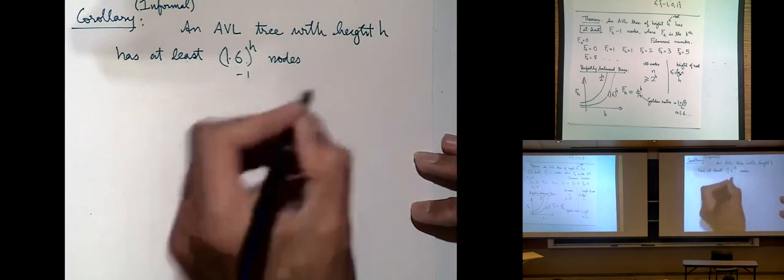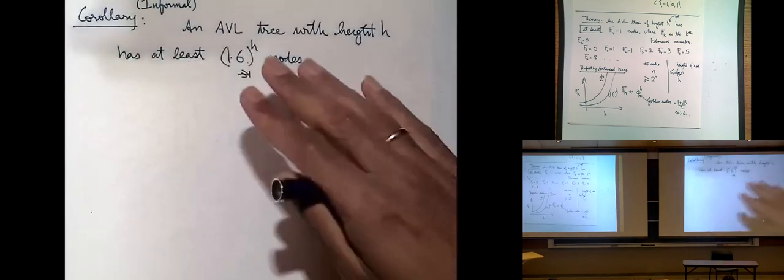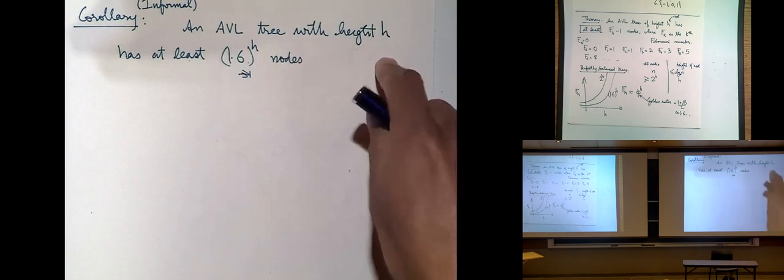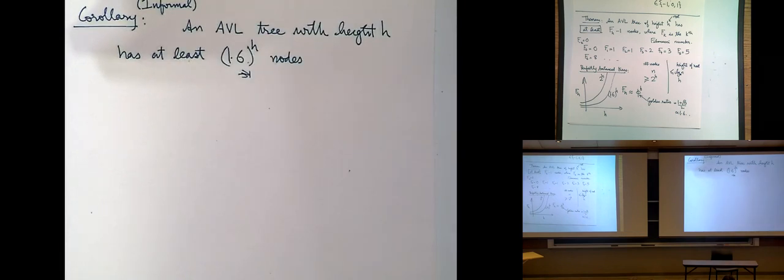Maybe minus 1 or something, but this isn't precise. There's a certain error here, but ignore that. So roughly speaking, an AVL tree with height h has at least 1.6 to the h nodes. Okay? Now here's your question. If an AVL tree has n nodes, what is the height? Can you bound the height?